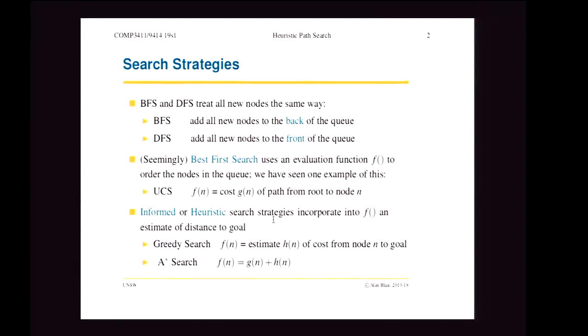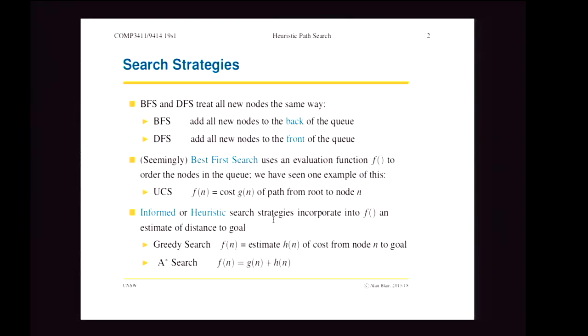So now what we're going to talk about is search strategies which also include an estimate of how far you are from the goal. We assume that you have some way of telling whether you're close to the goal or not. You can't tell the exact distance from where you are to the goal, but you have some idea.